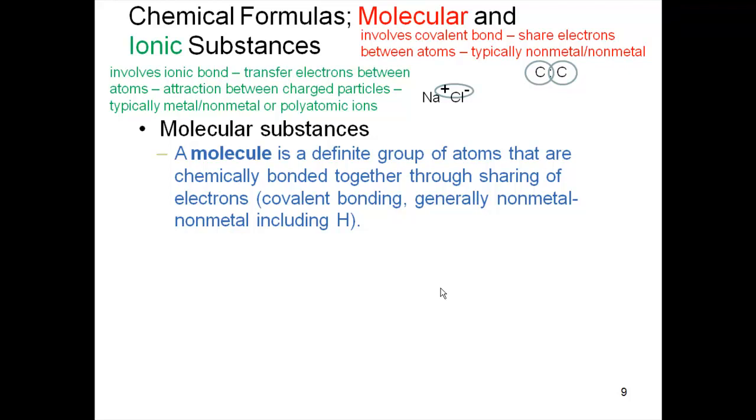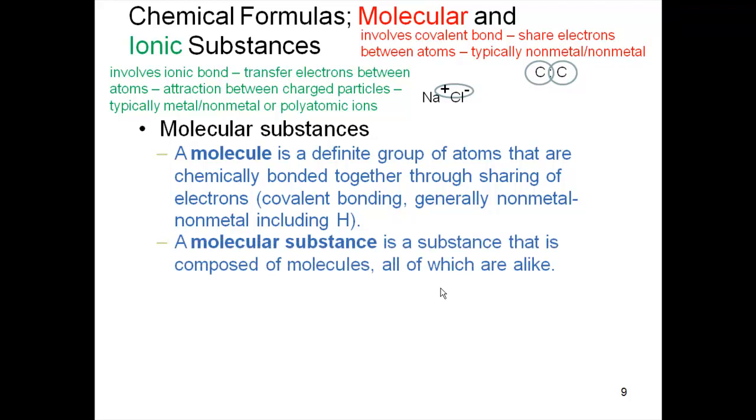If I talk about water, H2O, that's covalently bonded, so that's referred to as a molecule. A molecular substance is a substance composed of molecules, all of which are alike. When I talk about water, there are billions and billions of molecules of water that make up the molecular substance of water.